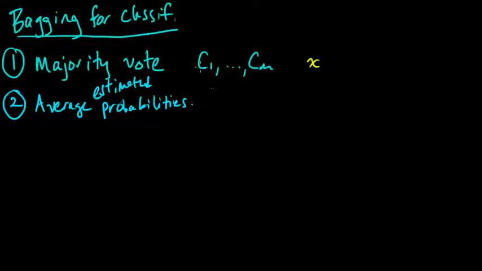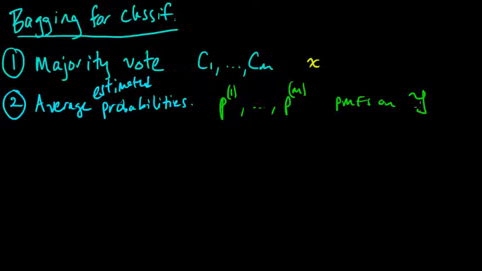Instead of just getting a classifier, we're going to assume, for this approach, that each classifier also defines some PMF on the classes. So let's denote them P1 up through PM. Each of these is a PMF on the set of classes.